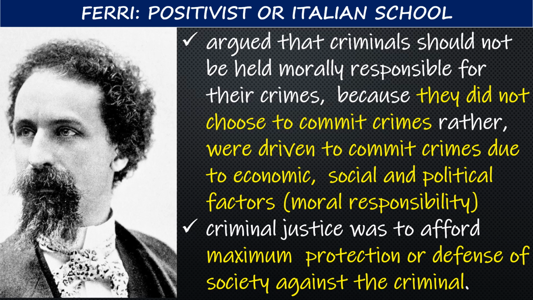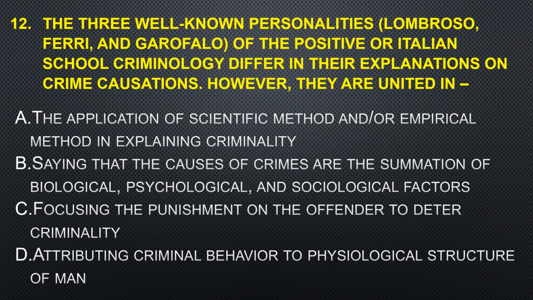And criminal justice was to afford maximum protection or defense of society against the criminal. How? By social reforms, political reforms, economic reforms, and penal reforms, so that society will be protected from criminals.